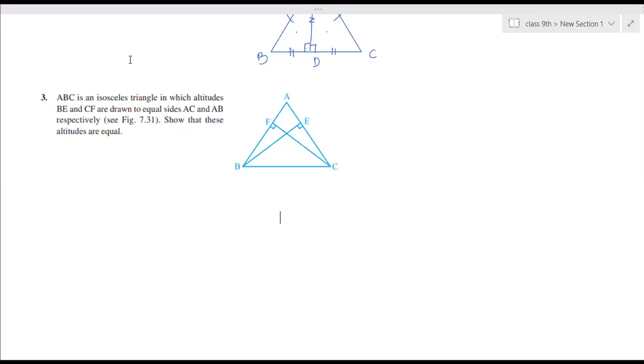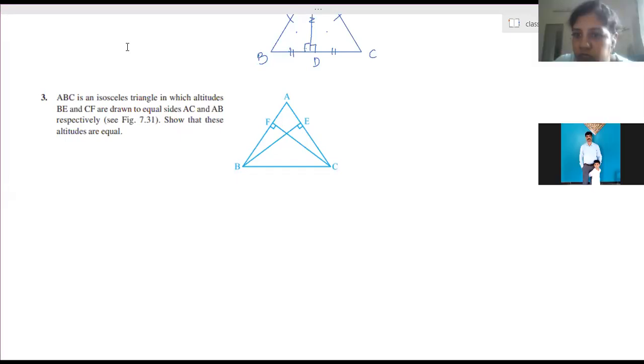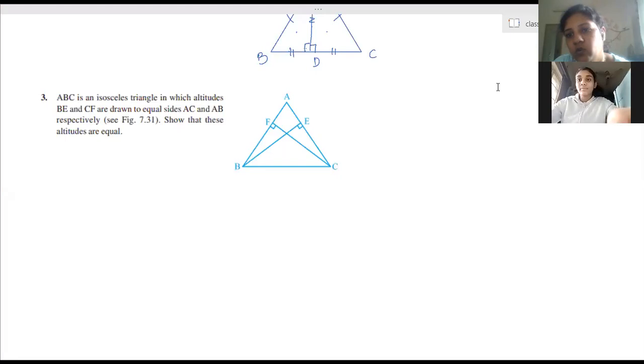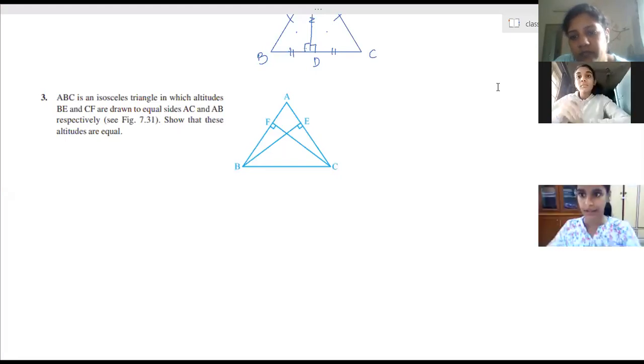What do you mean by altitudes? Height. Switch on your video, everyone.